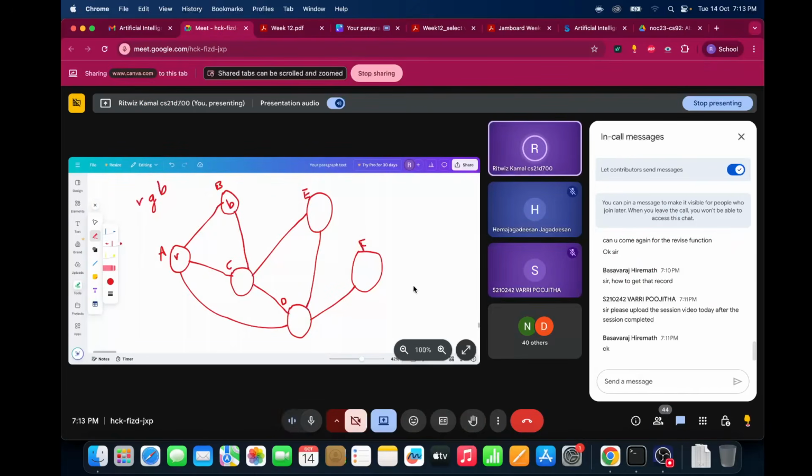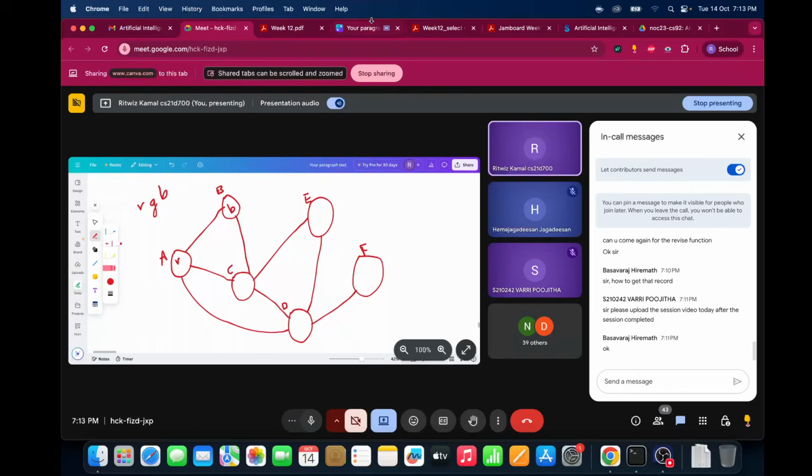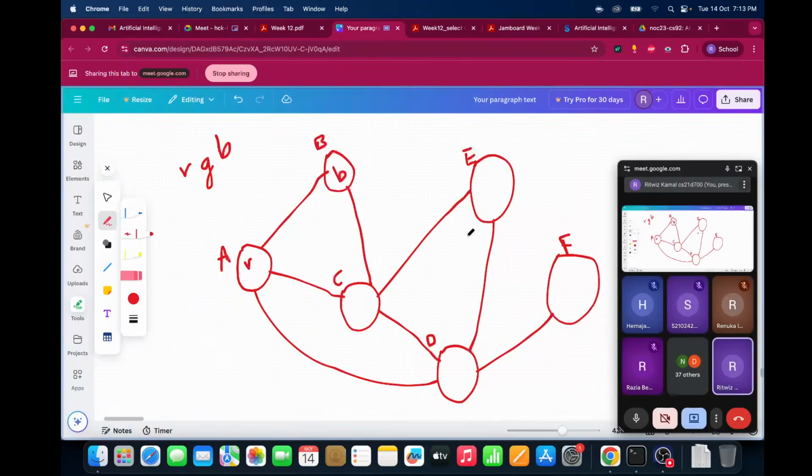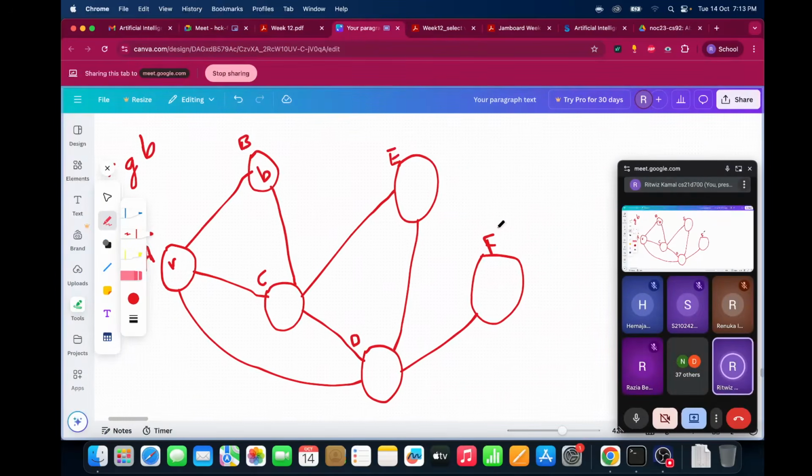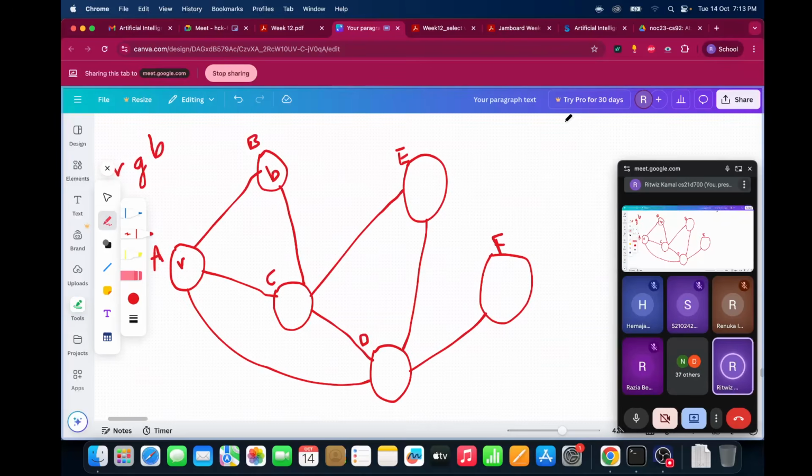In the meantime, there was a doubt about the revise function, I think that Dhruv had asked. So let's revisit the revise function once. Essentially, let me just work over here in the background so that the others don't get disturbed.